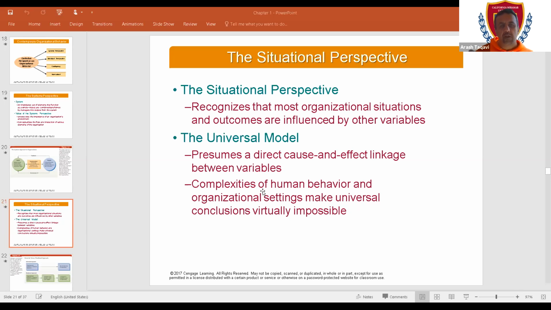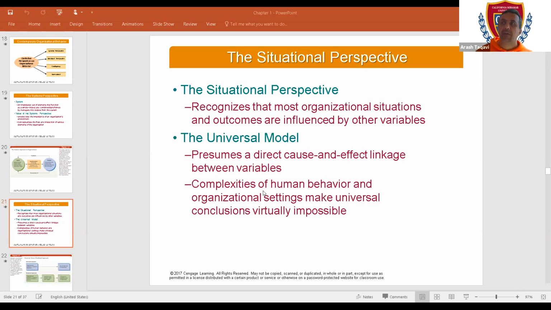And the universal model says to presume a direct cause and effect linkage between variables. It is very important. If you can find any cause and effect linkage between different variables in your personal life, you will have a good and clear sense of understanding what is happening in your life.